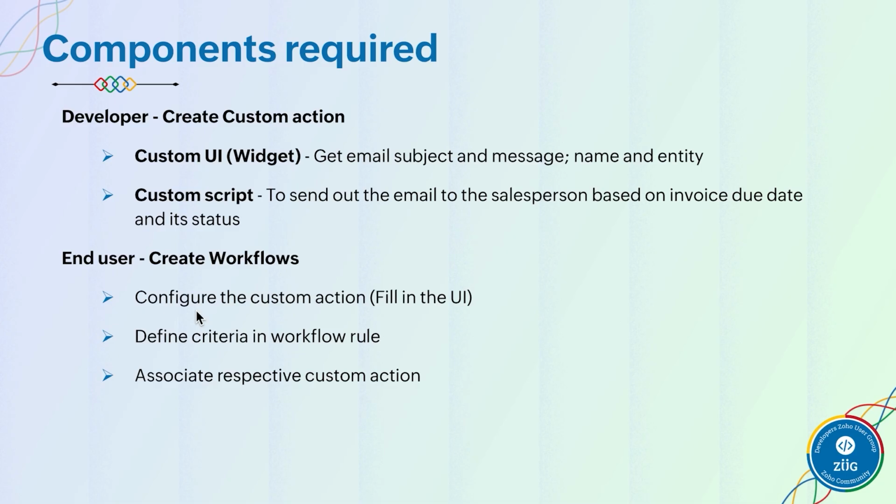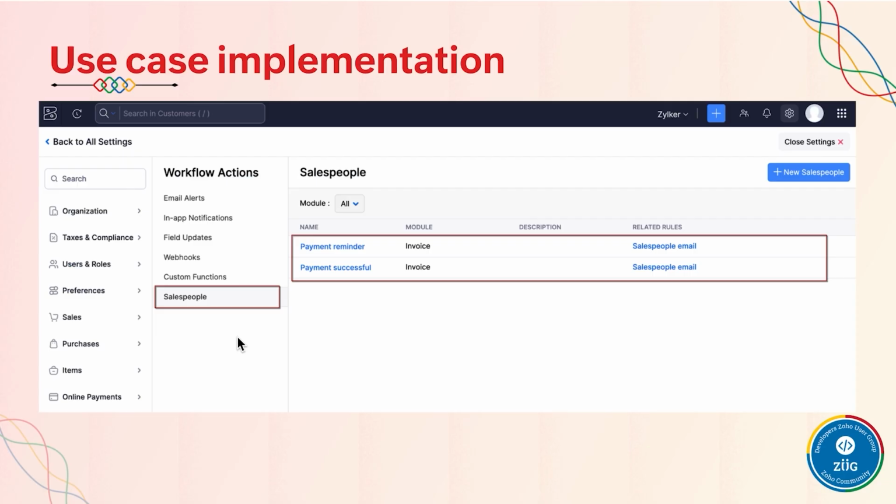Then, once the custom actions are created, they have to create a workflow, define criteria for that workflow, and associate the appropriate custom action to that condition. In the same workflow, they can have multiple conditions and criteria, and for each criteria, they can associate the appropriate custom action. So this is the extension that we have created for our use case.